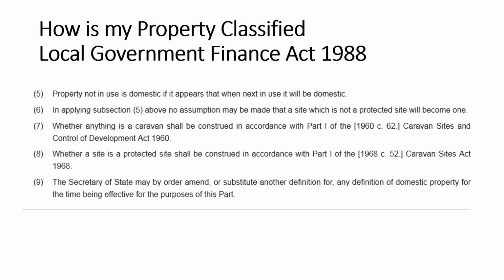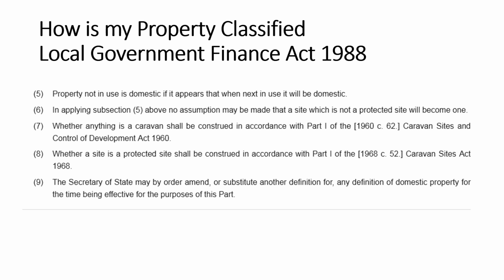Now, how is my property classified? Again, Local Government Finance Act 1988. And then it says here, property is not used for domestic purposes if it appears that when next in use it will be domestic. Okay? So again, applying subsection 5 above, it assumes it may be a site which is not a protected site and will become one. And then under 7, whether anything is a caravan shall be construed in accordance with Part 1 of the 1968 Caravan Sites and Control of Development Act.